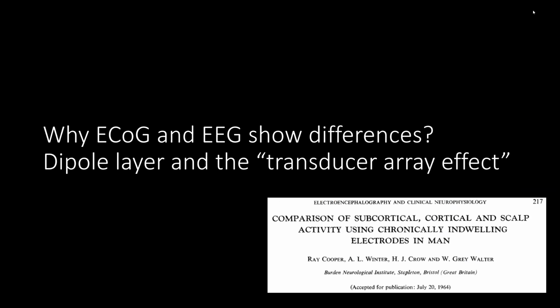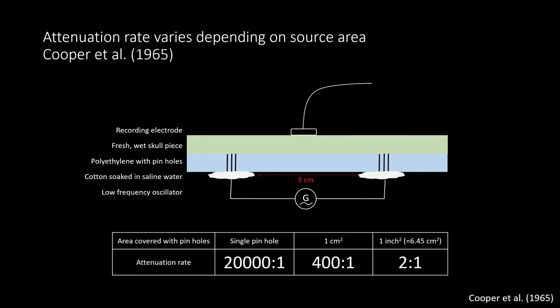So this is another very important study from 1965. And this was extremely surprising for me when I saw it for the first time. They did a very simple study using this piece of skull removed from a patient. This is the fresh, wet skull, and this is a polyethylene layer, which is non-conductive.